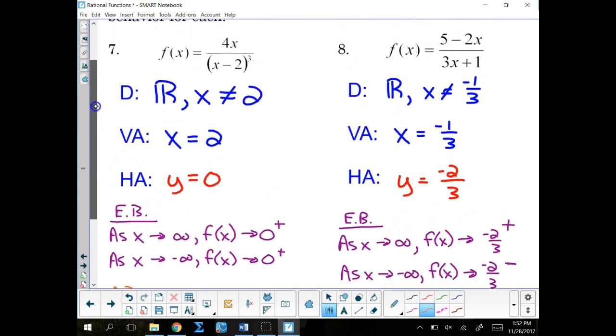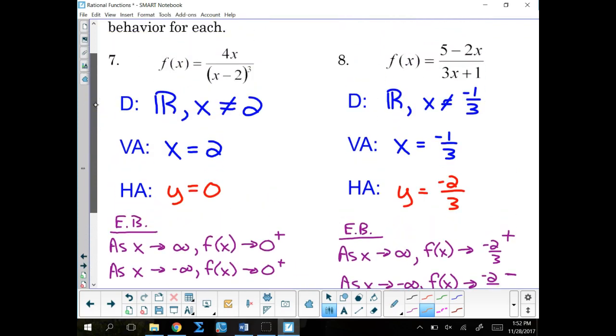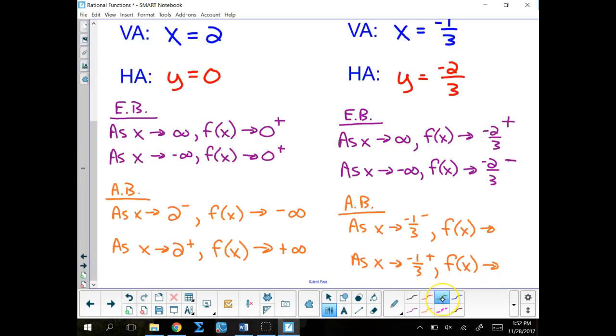Okay? Is this a more complicated function? No. So we got singletons, right? We have single degrees on both top and bottom. Okay? So we could do 0 and we could do negative 1. Right? Okay? If I go negative 1, I'm on the left side.